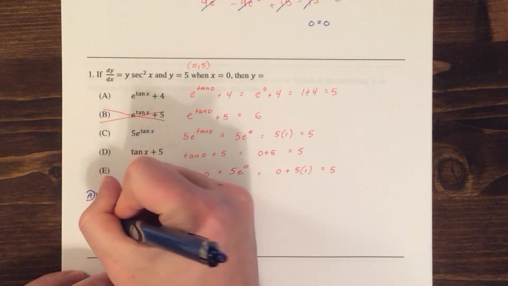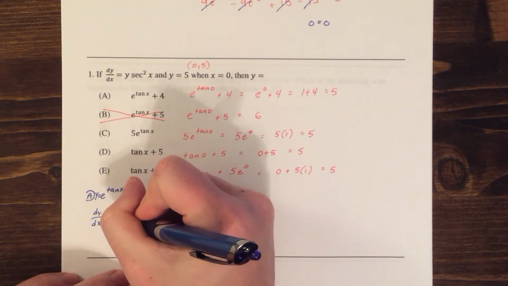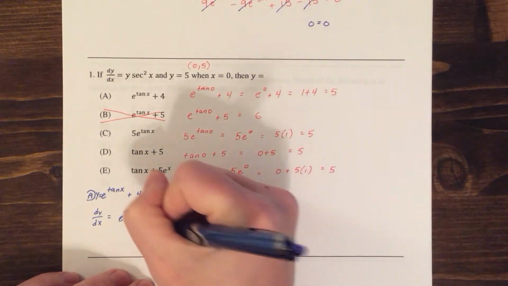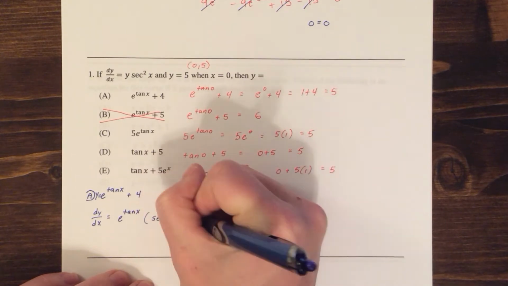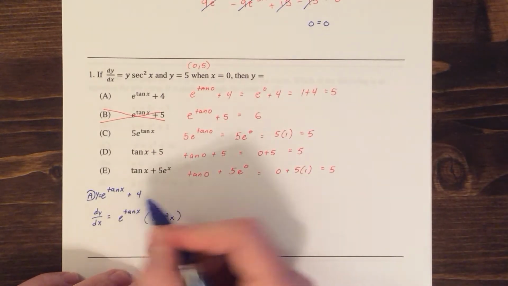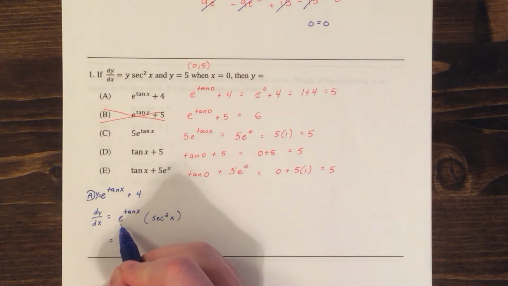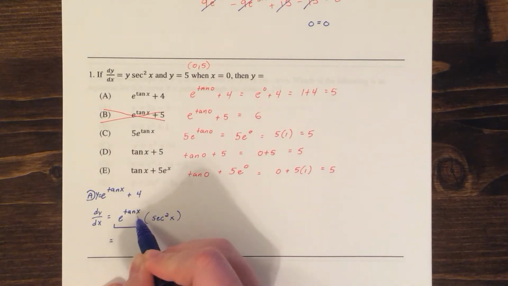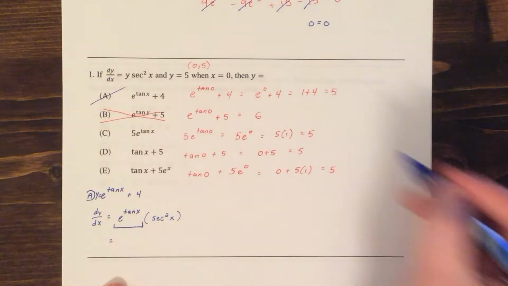So when we do dy dx, e to the tangent x, and then we have to chain rule tangent x, which is secant squared. And then plus 4 is going to go to 0, so we have that our y value, so this y value right here would need to have been e to the tangent x. That is not what we started with, so A is not going to work out.